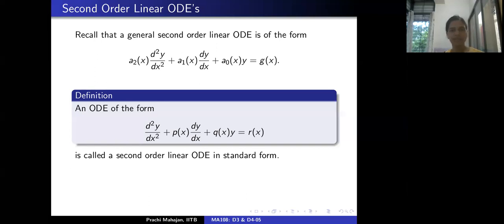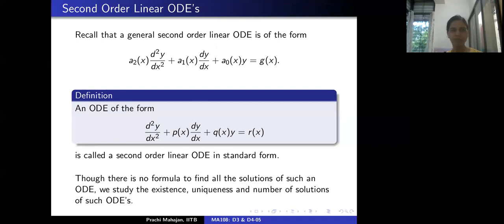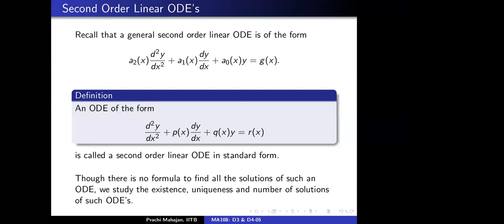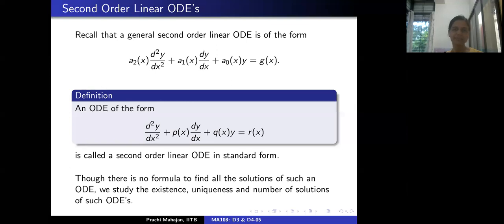Okay, and now having defined what is a second order linear ODE in standard form, the goal is to find solutions of such ODE, but there is no universal formula, and we have to contend with the existence and uniqueness and the number of solutions of such ODE. So let's take it up one by one.